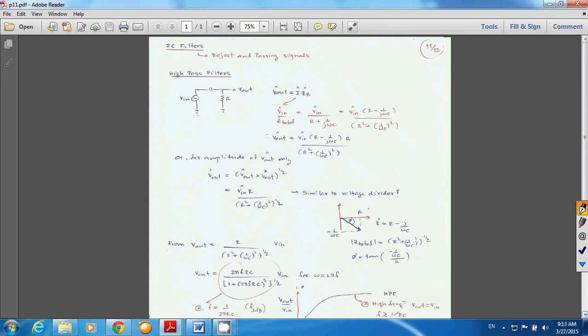Now another application of capacitors and inductors that we use in our audio and so many filter circuits, as we call RC filter circuit. So I'm going to talk about a high pass filter, and a low pass filter, how it works.